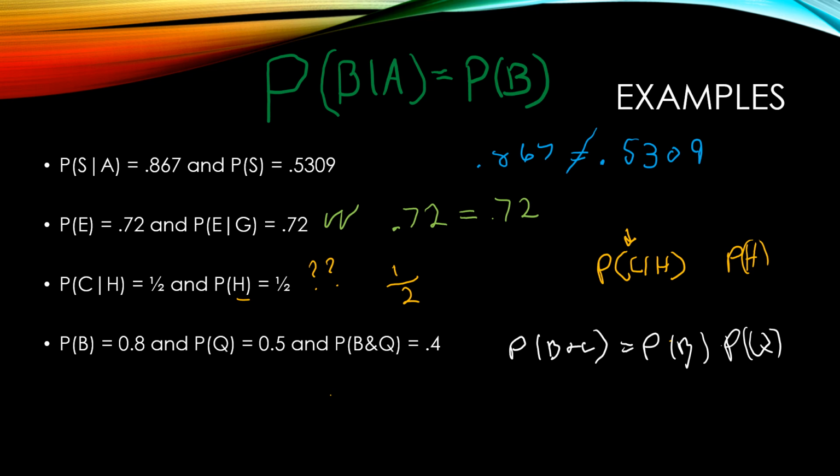The probability of B equals 0.08 and Q is 0.05. Combined, it's 0.4. So does 0.4 equal 0.8 times 0.5? And the answer is yes, 0.4 is going to equal 0.4. And these are some ways that we can mathematically show independence.